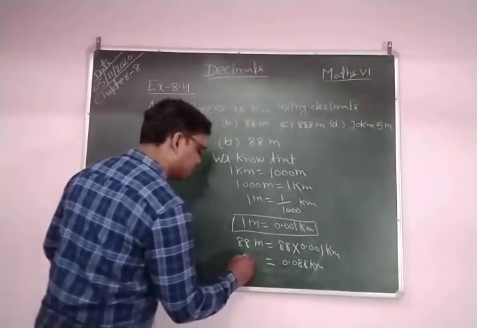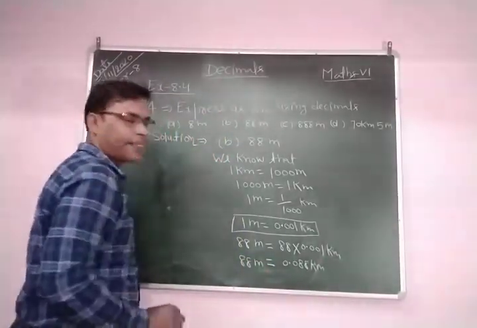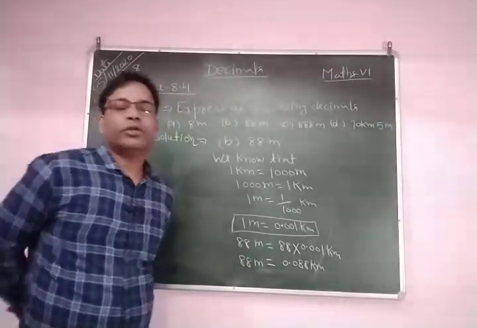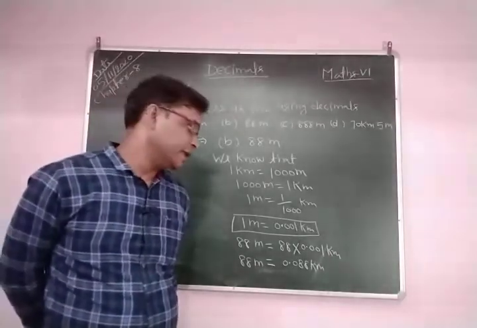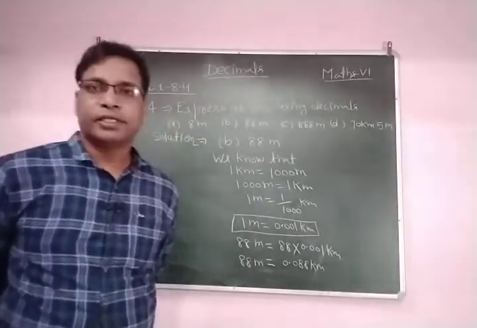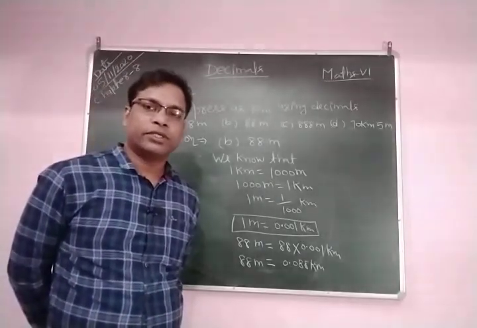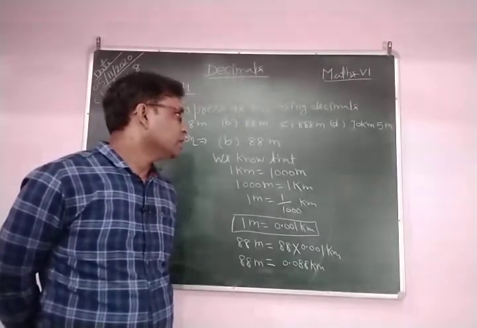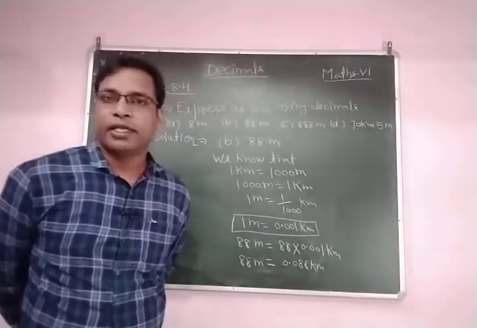So in this way you can see we can express 88 meters as kilometers using decimals. So 88 meters is equal to 0.088 kilometer. This is clear. So students, I hope all of you understood this question and you are able to solve such type of question, that is, expressing meters in kilometers using decimals.